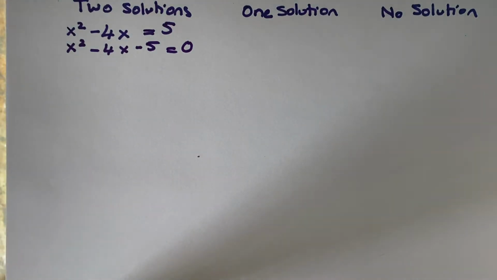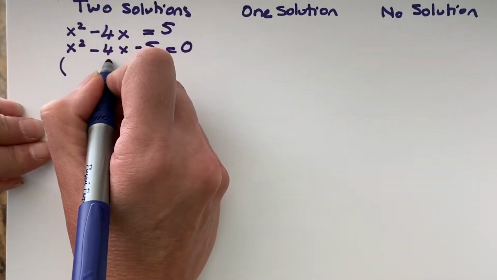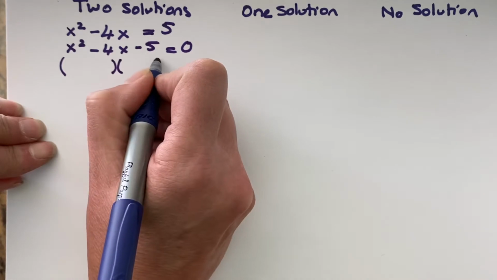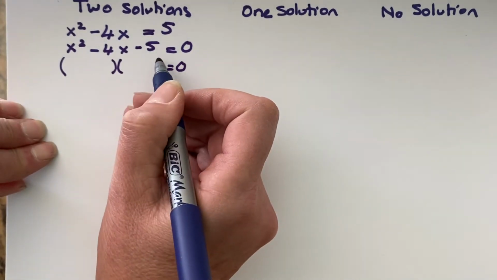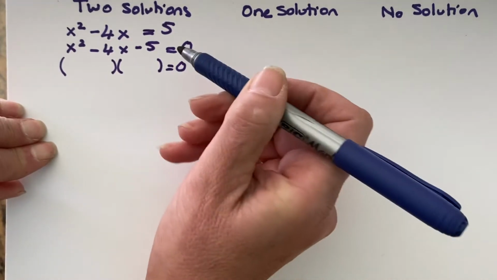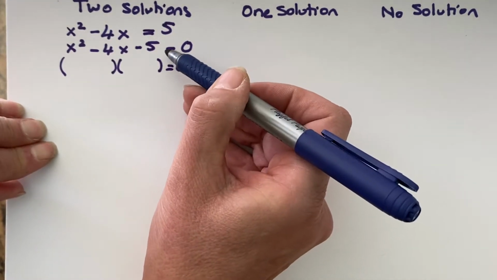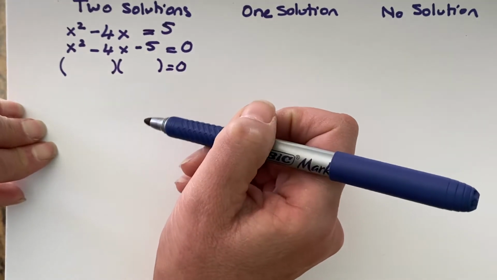That's my first step. Well, next I'm going to look at it and say, can I factor this? Well, let's see. I'm going to do what I always do. Set my parentheses, equal to 0. What two factors multiply to equal -5? Well, fortunately, it's easy, right? -5 and +1. -1, +5. Those are my only two options.